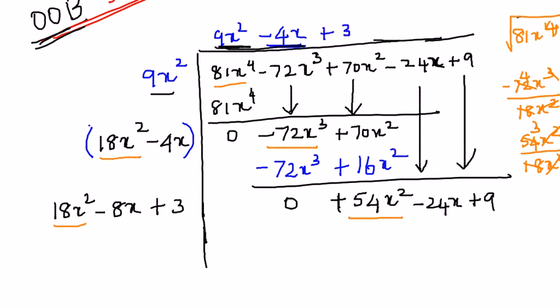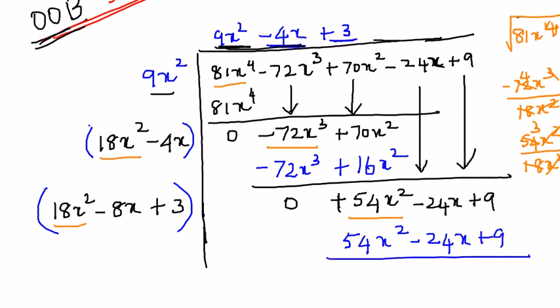So now you have to multiply. We are going to multiply this entire expression here with the newly added term over here. So 18x squared into 3 will give me 54x squared, minus 24x and plus 9.